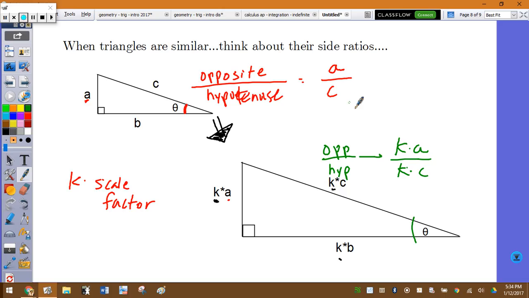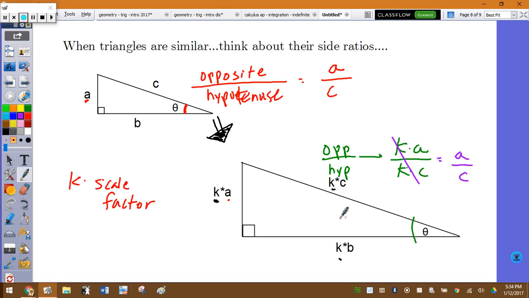So I get something that looks like it's different. Well, wait a second. I have this k appearing on top and bottom. I'm multiplying by k, I'm multiplying by k, and I'm dividing. Hopefully you already recognize these are opposite operations, which is to say, when you divide k by itself, you cancel it out, because k goes into itself once, leaving us with really a over c.